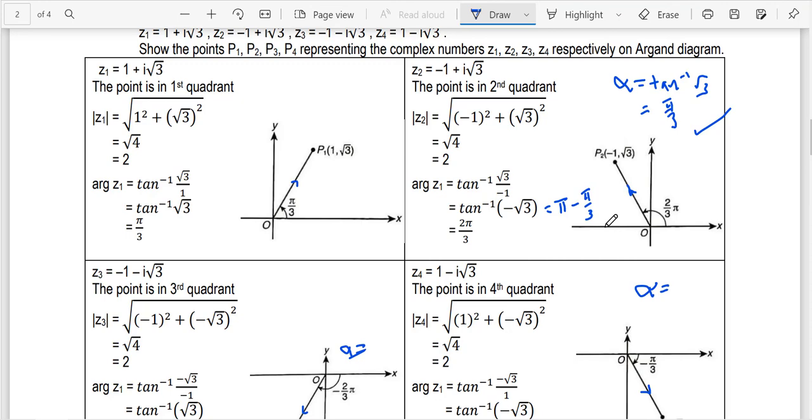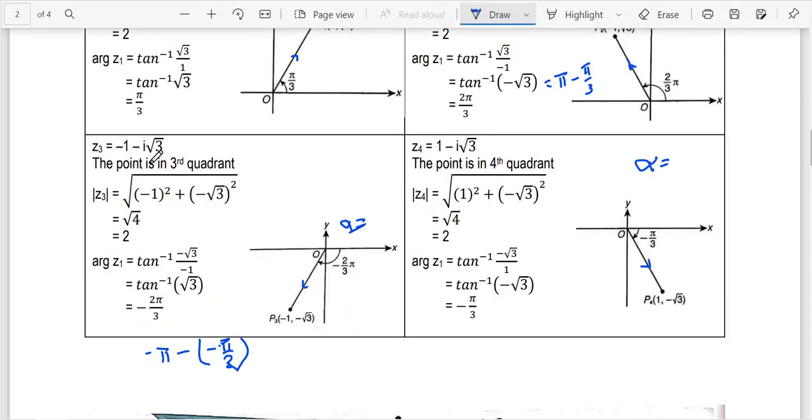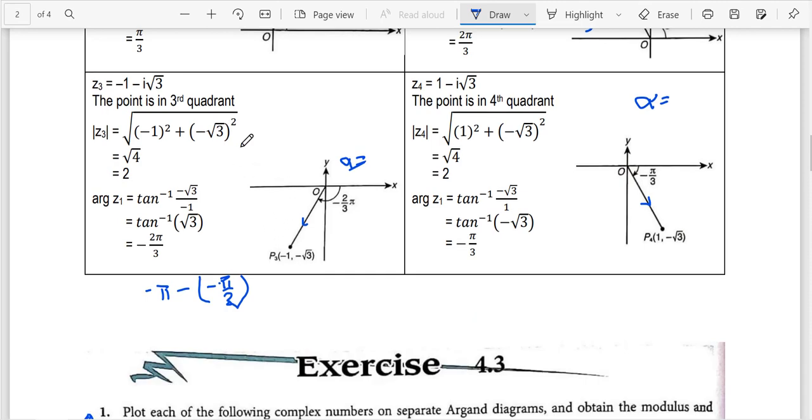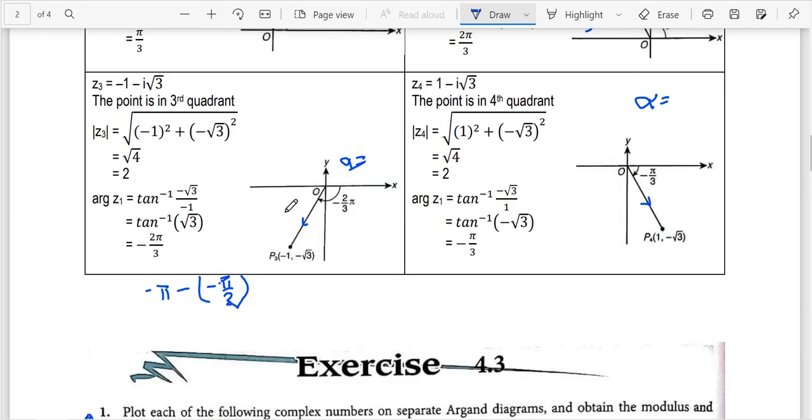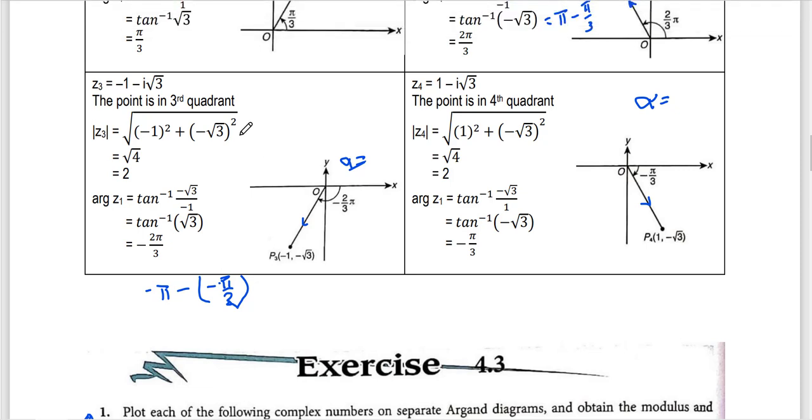Because second quadrant. Next, if in the third quadrant, you don't calculate this and then plus the pi, because if you plus pi it means more than pi already. That's not the correct answer. So you must change to a negative angle, negative pi.